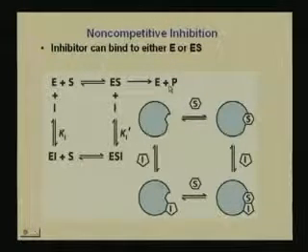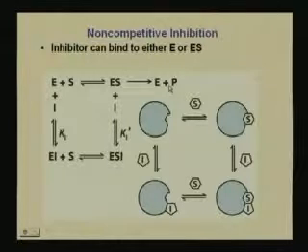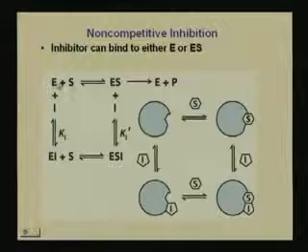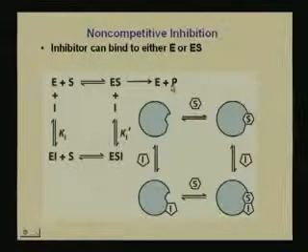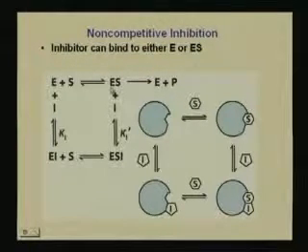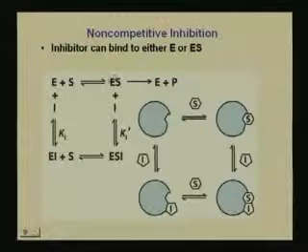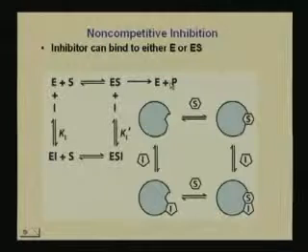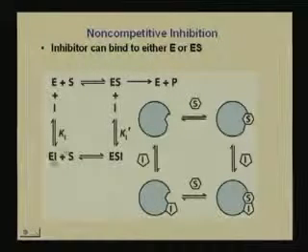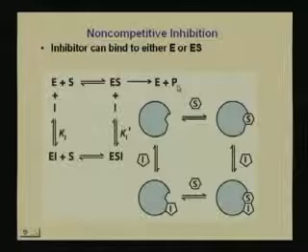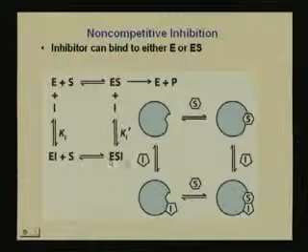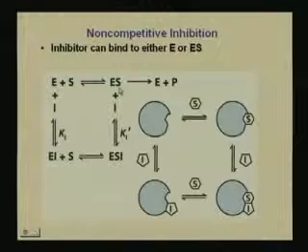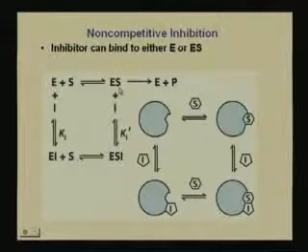It is going to affect how the substrate is eventually going to the product, okay? Because you have to have the enzyme substrate complex that is going to dissociate to form the product. So, neither will the EI complex give you the product, neither will the ESI complex give you the product. It is only the ES that is going to give you the product, okay?